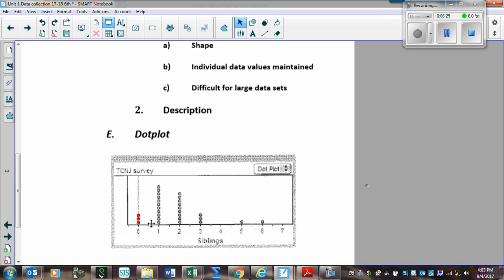Pretty easy. Again, you notice it's labeled, and this is a frequency on the vertical axis there. This is taken from a TCNJ survey, and so pretty simple, pretty straightforward for the dot plot.